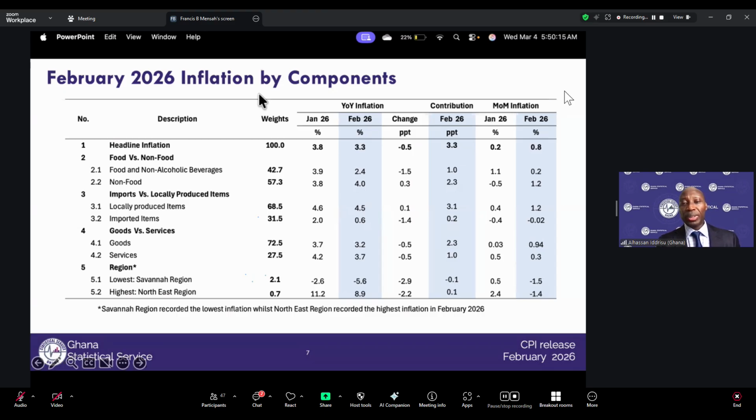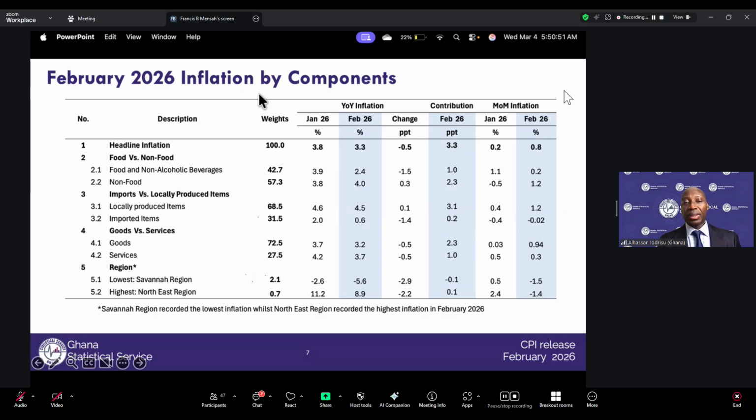So it has moved down from 59.7% in December 2022 to 28.1% in February 2025. And as we speak today, February 2026, it has moved from 28.1% to 2.4%. So you've seen a very significant disinflation in food.